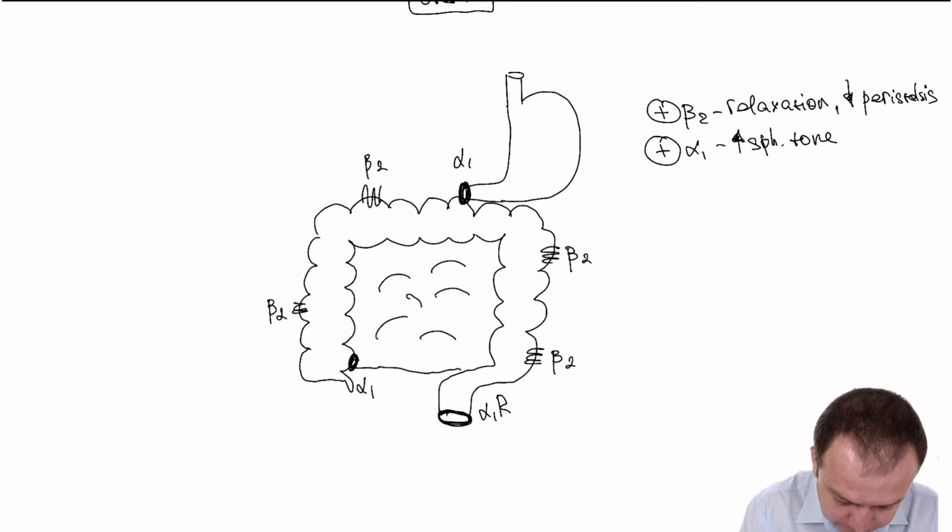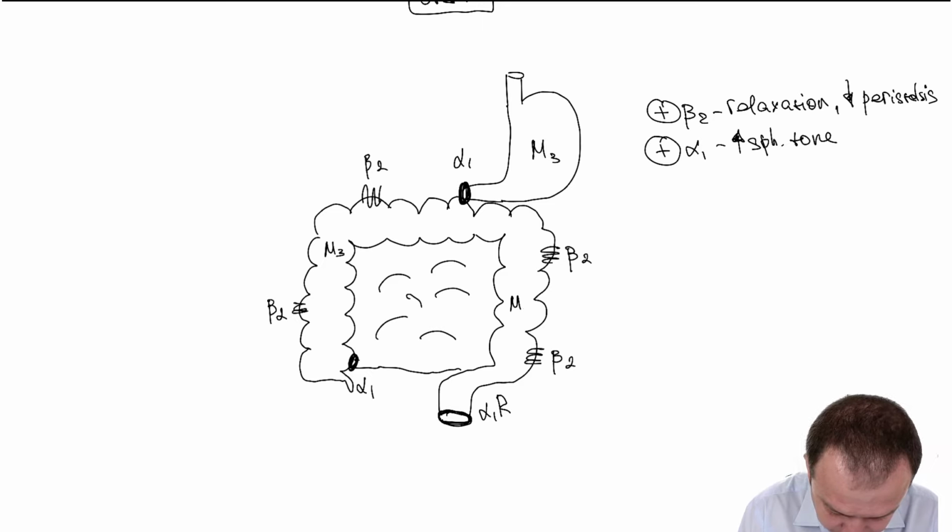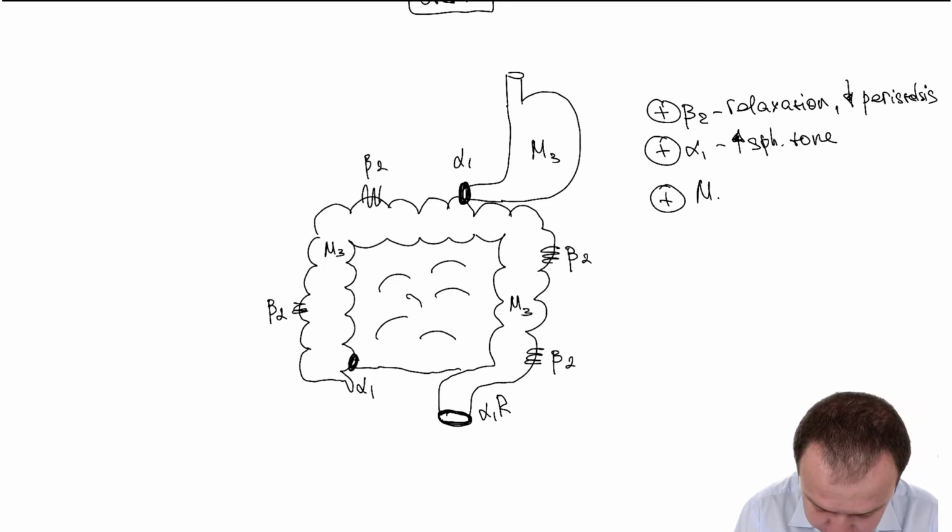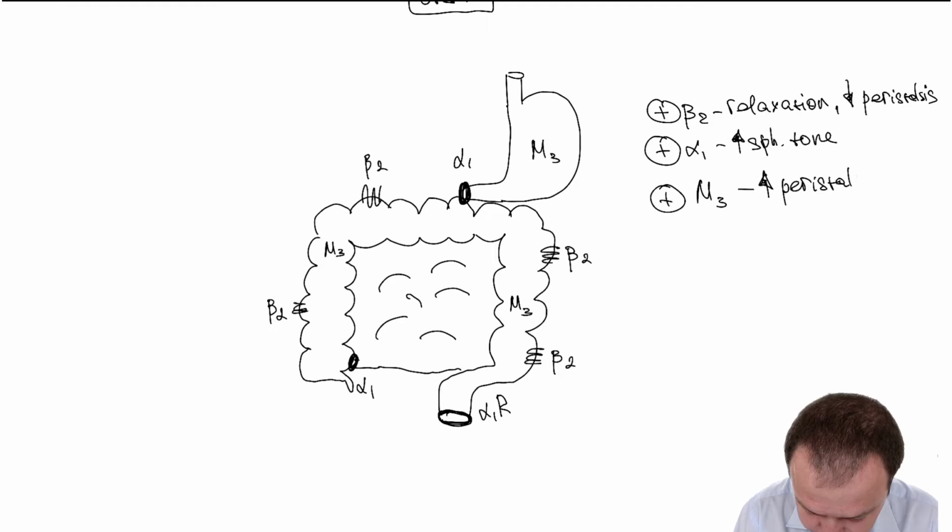Also, we have the M3 subtype of receptors, and activation of M3 receptors increases peristalsis and increases secretion.